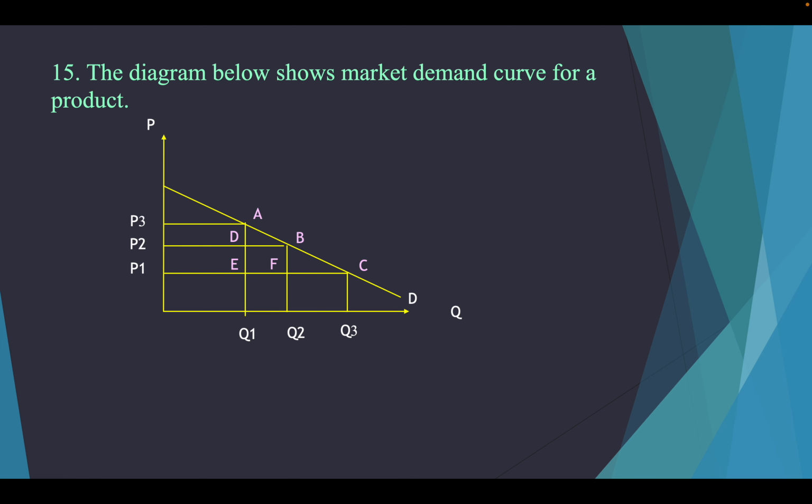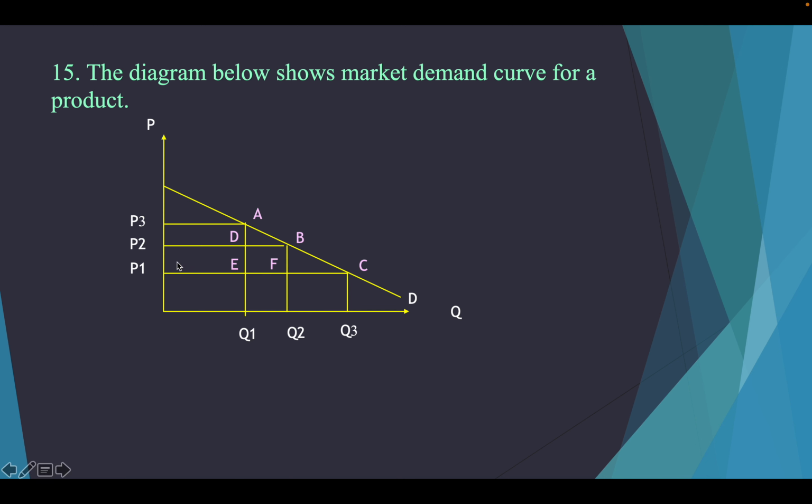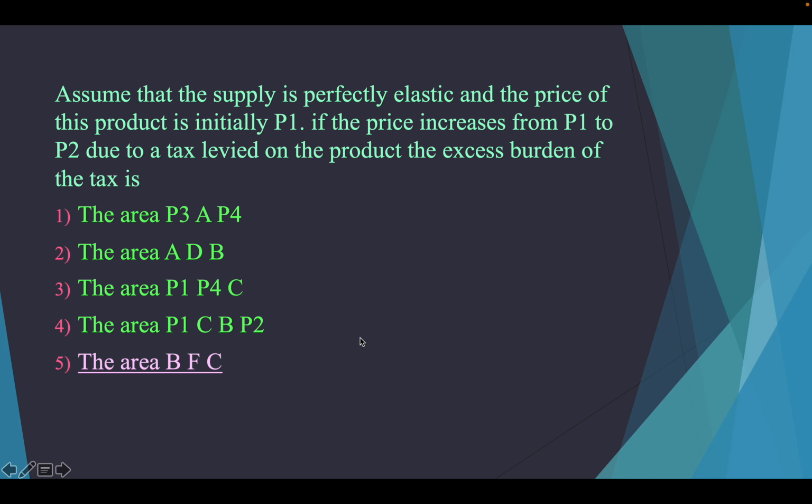Then 15th question. The diagram below shows a market demand curve for a product. You can see the P1 price and the quantity Q3, the P2 price and the quantity Q2, the P3 price and quantity Q1. They ask, assume that supply is perfectly elastic and the price of this product is initially P1, at which time the quantity is Q3.